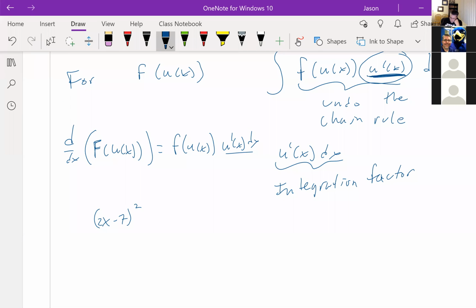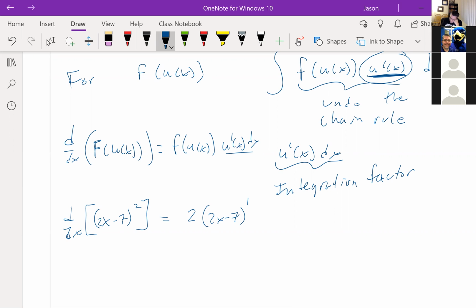What would be the derivative of this? That would be 2 times 2x minus 7 raised to the first power.